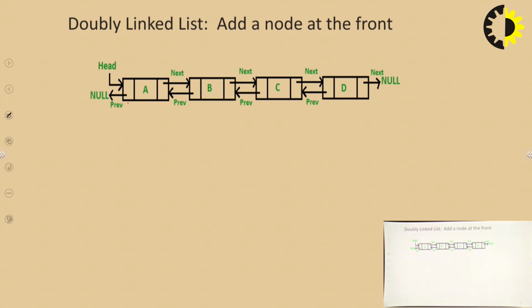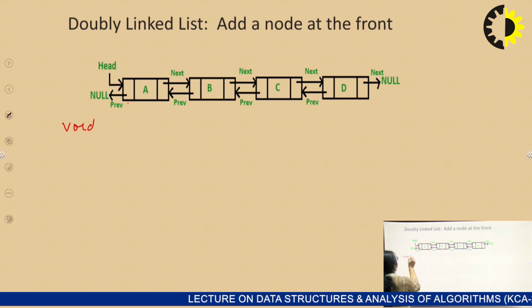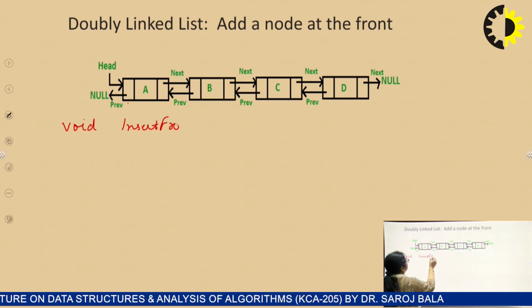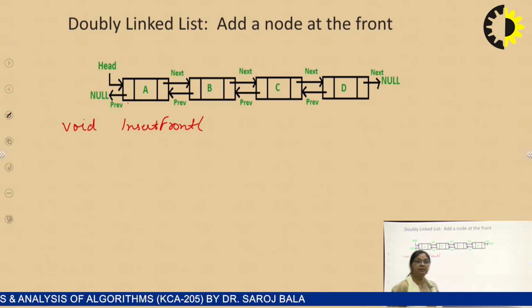Here our linked list is W1. Now let me take the function name as insertion at front, so I am writing insert front. I have to add some data.